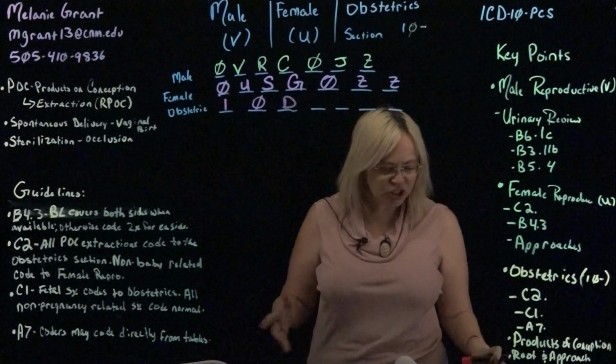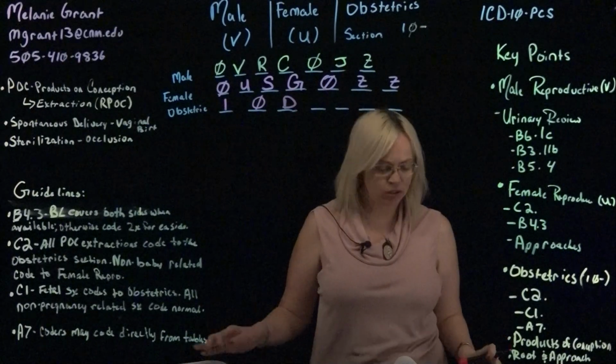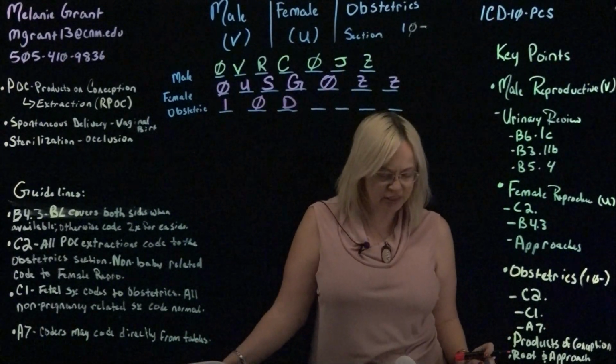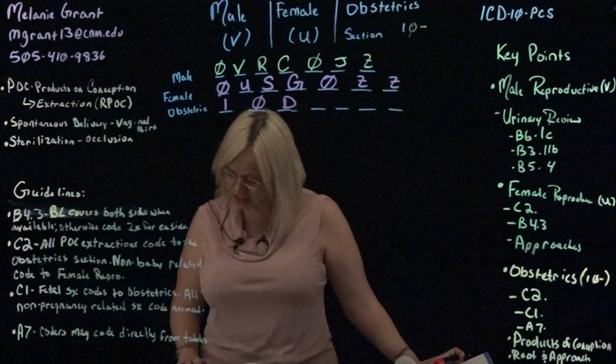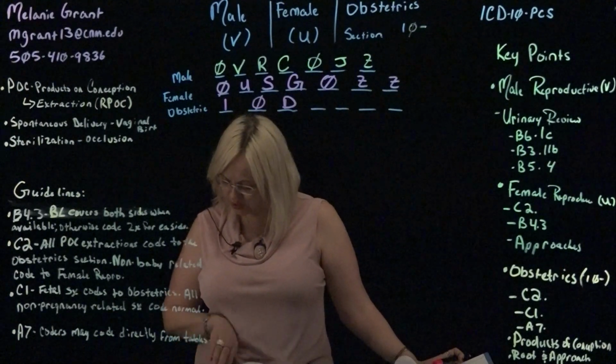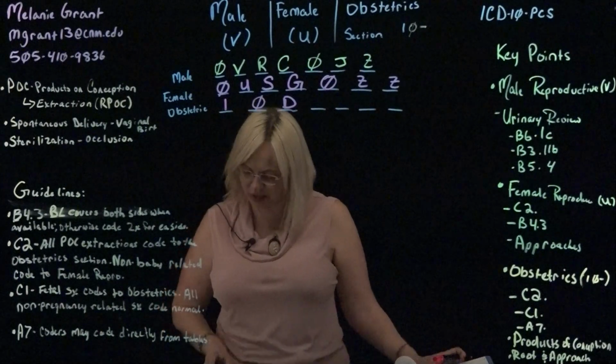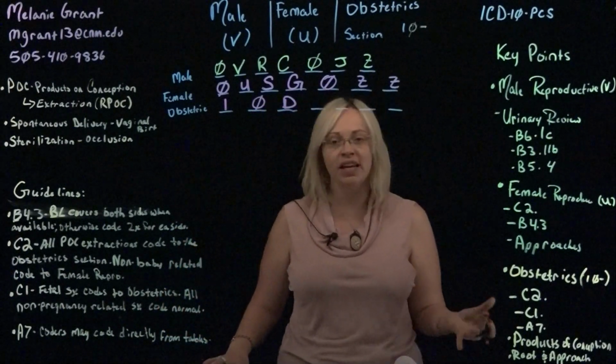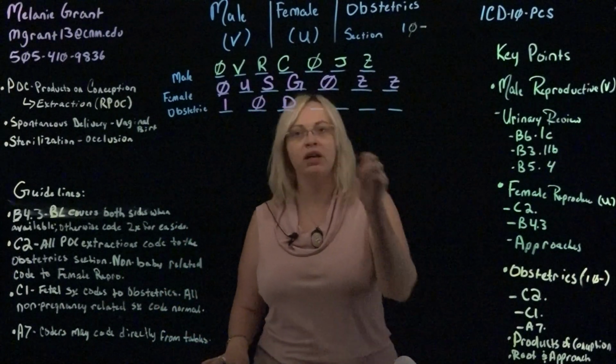I could actually code directly from page 673 for most of, if not all of this. If I read the documentation, it states it's a vaginal delivery. So I know that it's going to be products of conception. It's not retained, it's not ectopic, so that's going to be body part 0.